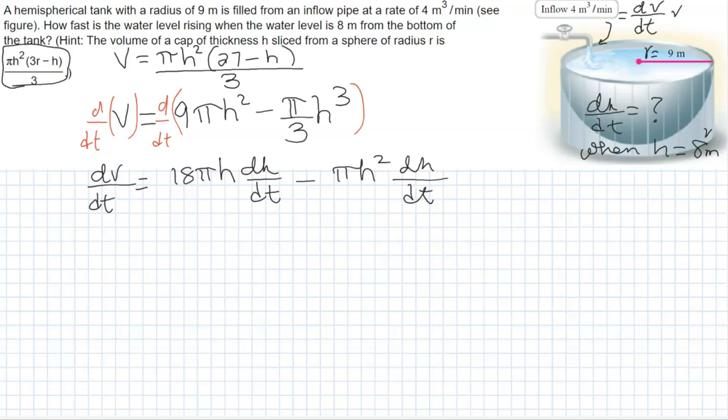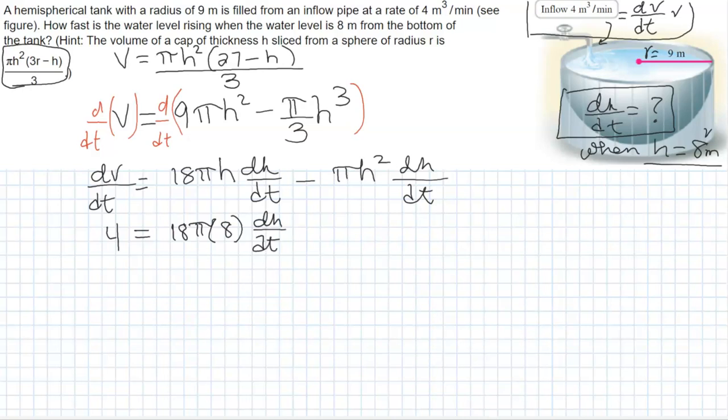What are we looking for? We are looking for dh/dt when h is 8 and dV/dt is 4. So now we can substitute into this equation and solve. dV/dt, which is 4, is equal to 18 pi times 8 dh/dt, minus pi times 8 squared dh/dt.